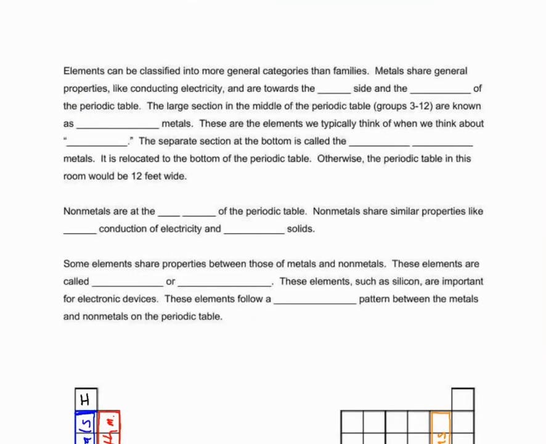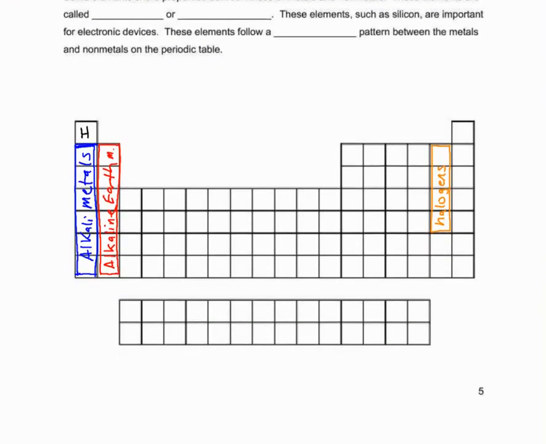Let's go ahead and draw it in. I'm going to use black for this one. So everything in group 18, we call these noble gases.